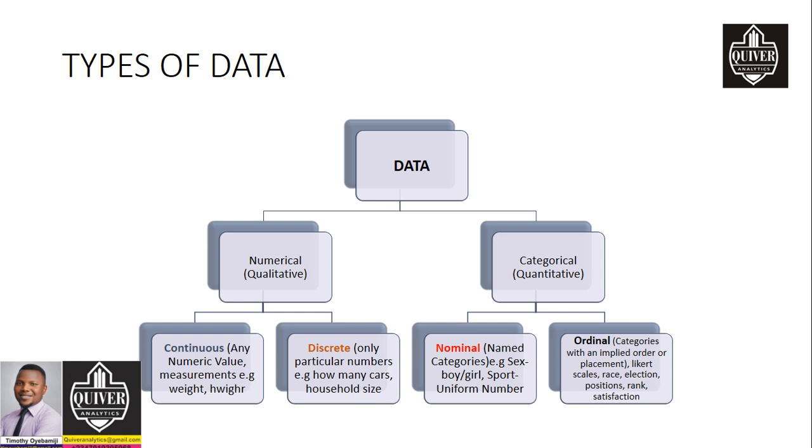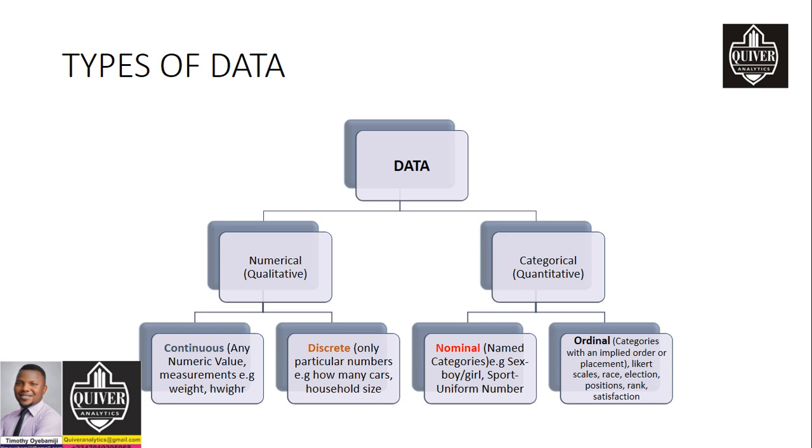If you have to record that, that's an ordinal type of data. Rank also: who cooks best from Miss A to Miss Z. One person has to be the first and one person has to be the last. So the ordinal data tells us the positional placement of items or entities in a particular distribution. I hope you understand that.